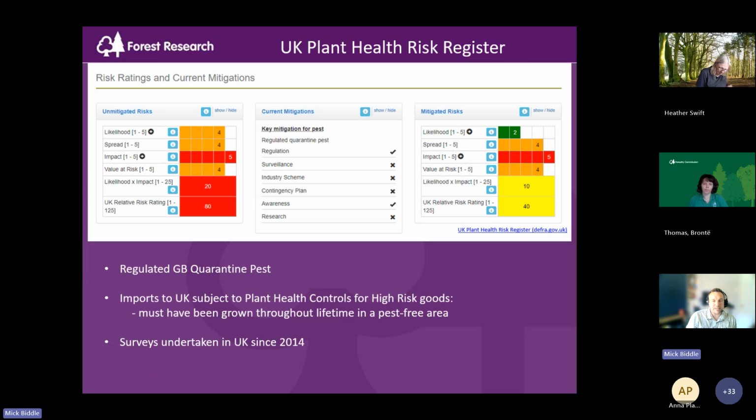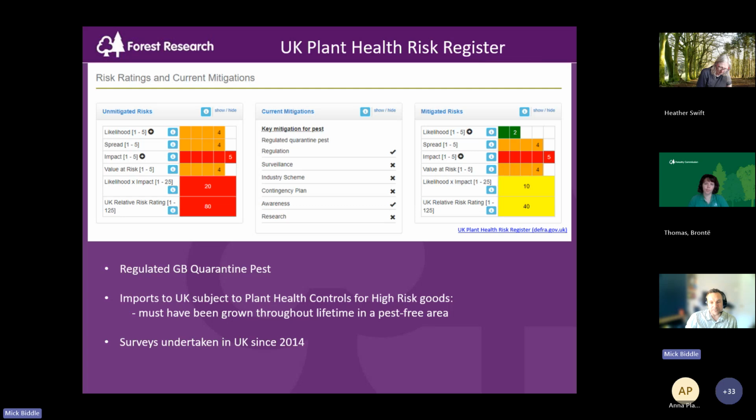Looking at the threat on the plant health risk register, the unmitigated threat scores very highly due to the large impact and the ability of this disease to spread. As a consequence, it's a regulated quarantine pest, and there are import requirements on any plane trees or any plane material coming into the UK.